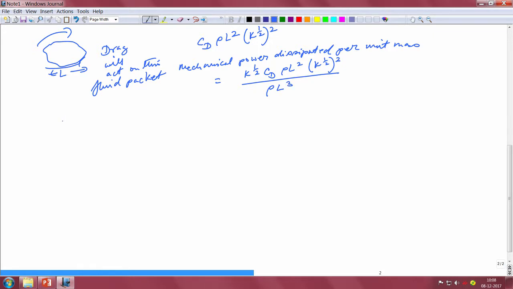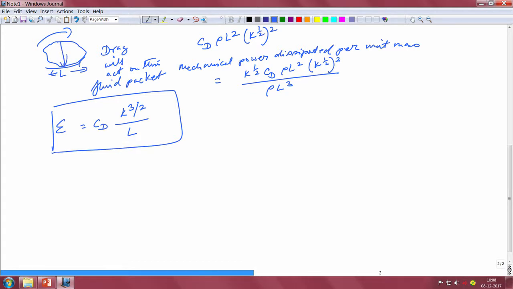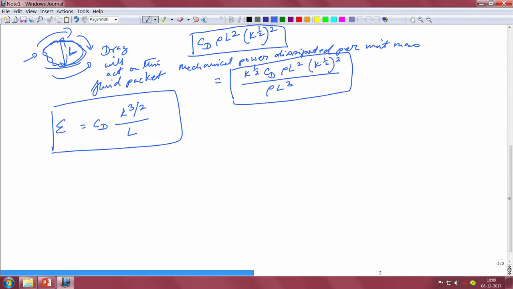So, the dissipation itself should be written as something like CD k to the power of 3 by 2 divided by L. So, that is the dissipation. How do we explain the dissipation? Any pack of fluid of size L is acted upon by the viscous drag that acts about it. So, this is any blob of fluid which has a length scale of L. The total drag force is given like that, and the total mechanical power can therefore be written like this. So, the dissipation will be this particular term.